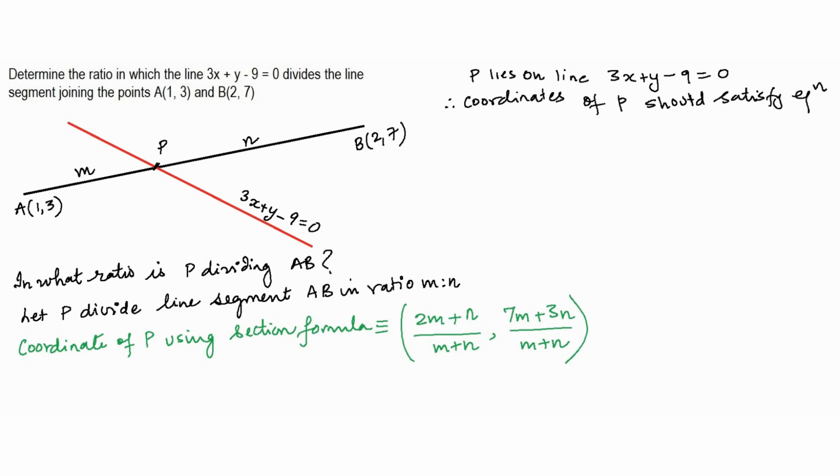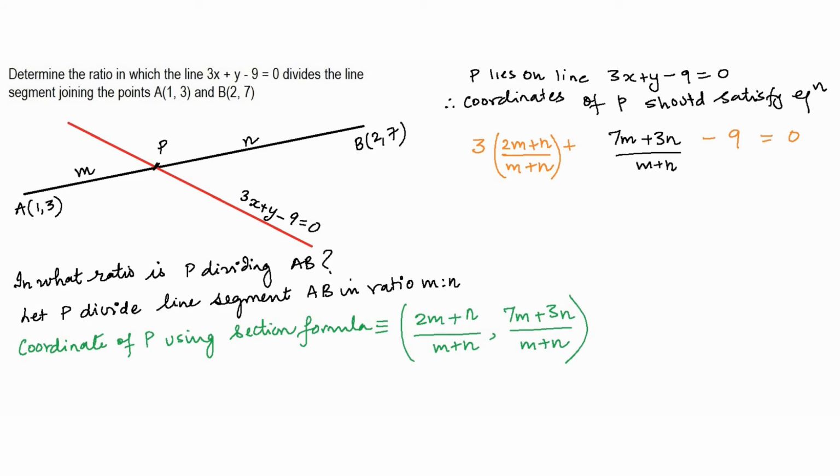That means I can replace in 3x plus y minus 9 equal to 0: in place of x, I can substitute the x coordinate of P, that's (2m plus n) upon (m plus n). And in place of y, I can substitute the y coordinate of P, that's going to be (7m plus 3n) upon (m plus n).